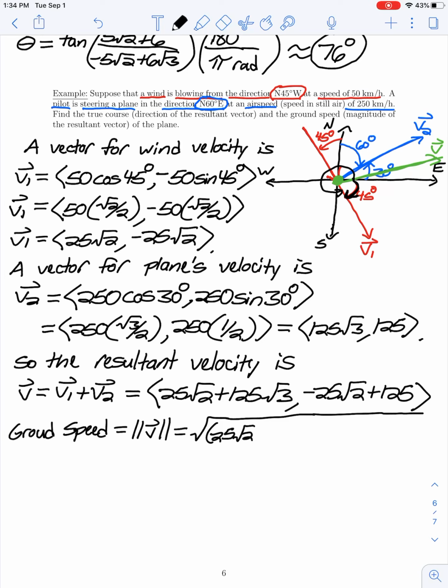So we had 25 root 2 plus 125 root 3 squared, and then plus a negative 25 root 2 plus 125 squared, and we're taking the square root of that quantity. So again, using a calculator or some software, we can find that this ground speed is approximately 242 kilometers per hour.